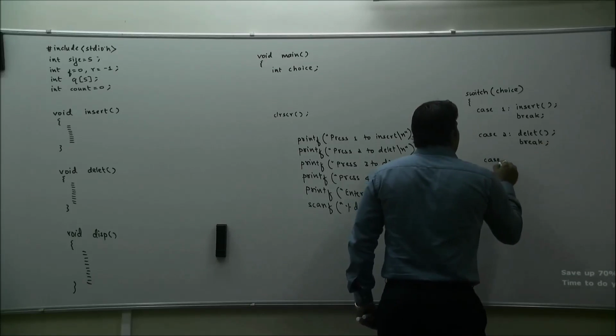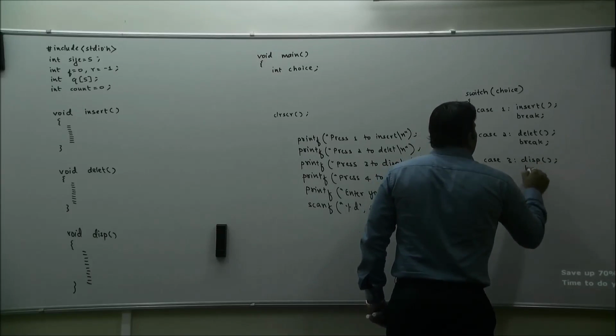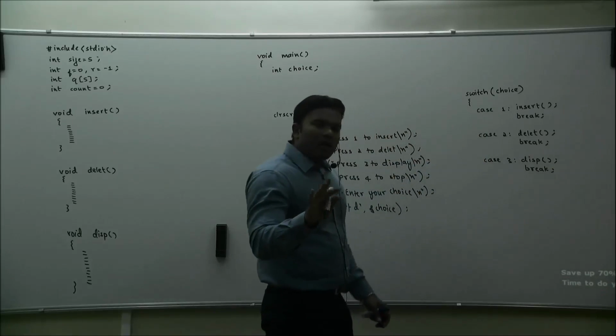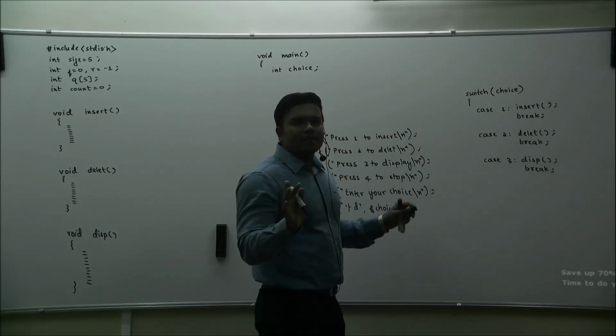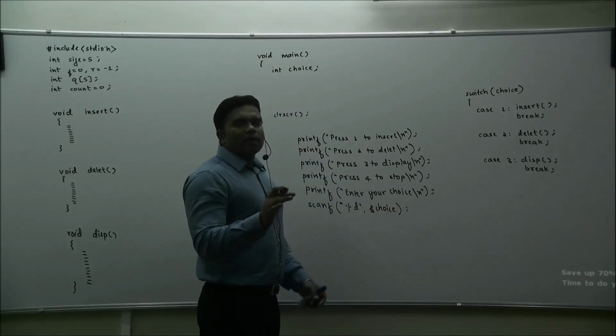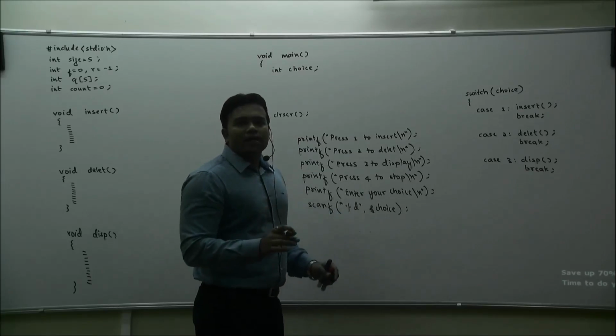In case the choice is 3, then I will call the display function and then break. In case the choice is 4 or anything else he presses, I have asked him to press 4 to stop. Somebody might press 5 or 6. It means that basically he wanted to exit.